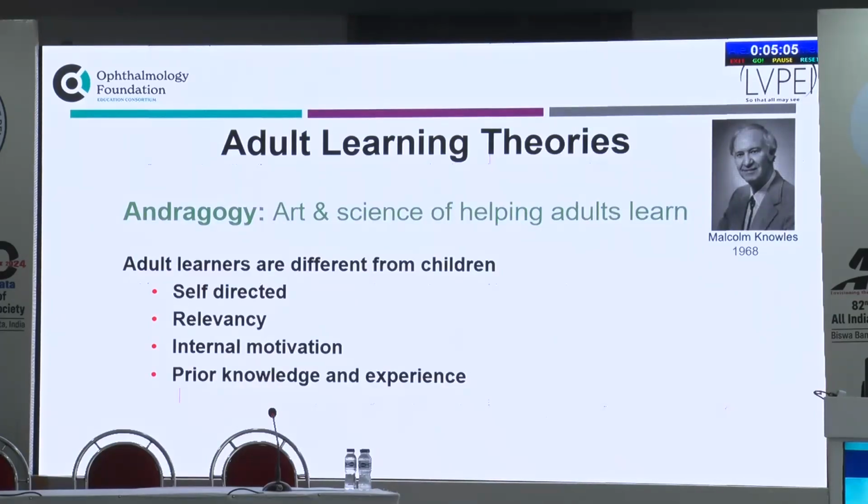They all have prior knowledge and experience, and they relate any new knowledge that is put forth to them to their prior knowledge and experience. The knowledge becomes more effective if it is task-oriented. If they are engaged in a certain activity, they are able to understand it better. And all adults learn in an environment where they are truly respected.